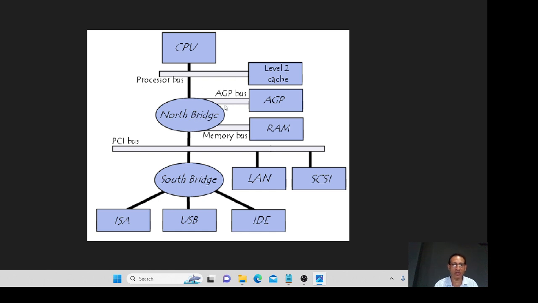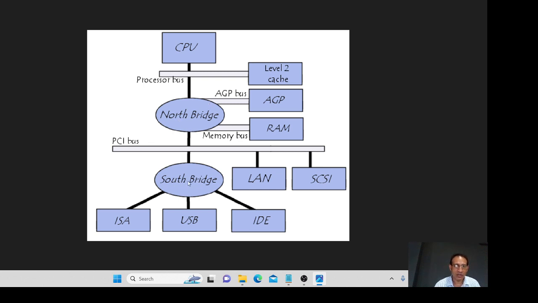These very important parts, crucial to the operations, are directly connected to the north bridge. That is why north bridges might overheat. To control this overheating, we require a fan or heat sink on top of it.